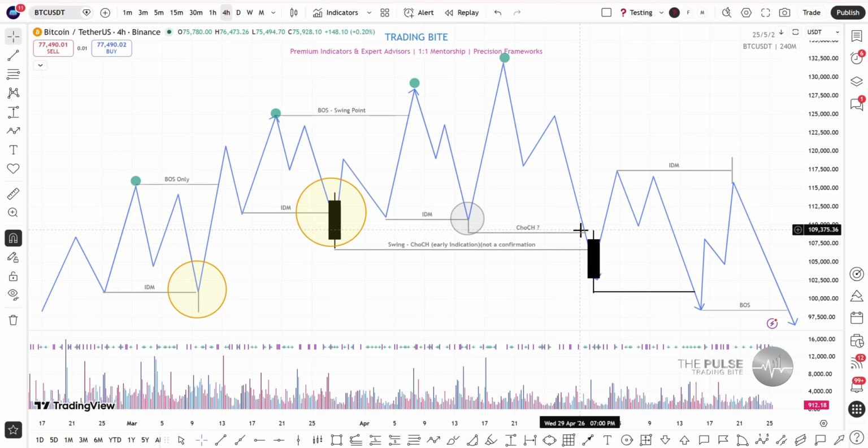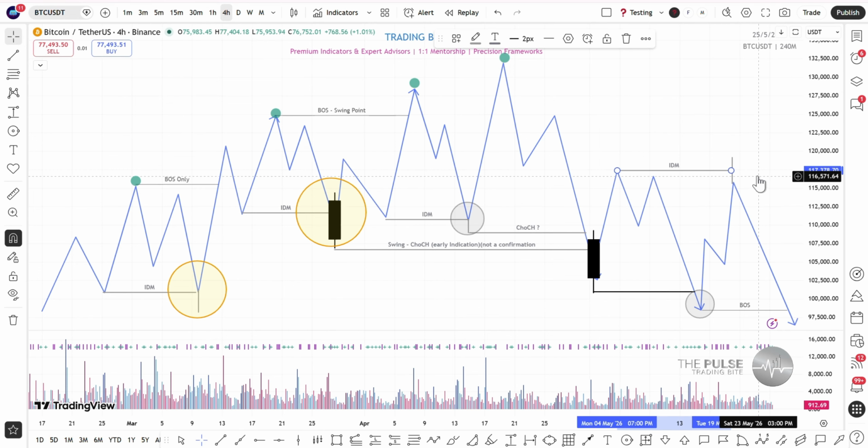So once after the choke, the market has to make a new low, the one just right here. Once a new low is formed, we have to wait for the market to take the inducement, and the market has taken the inducement right here.